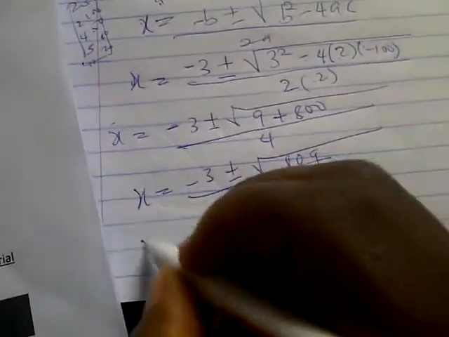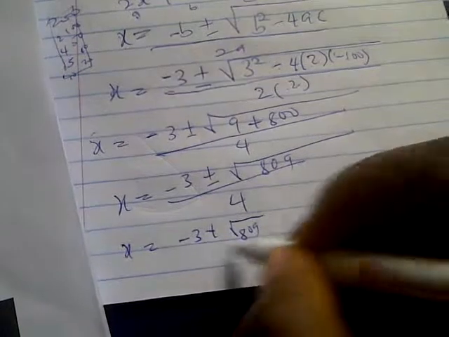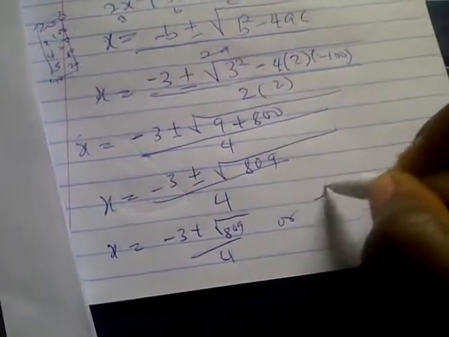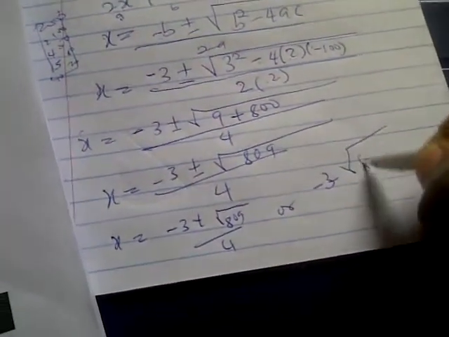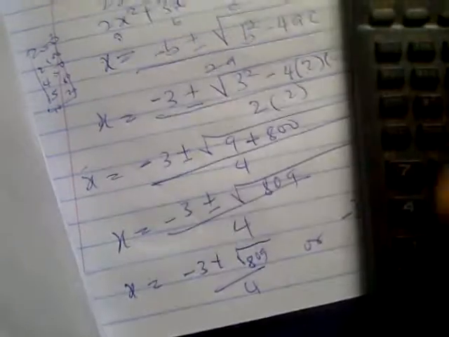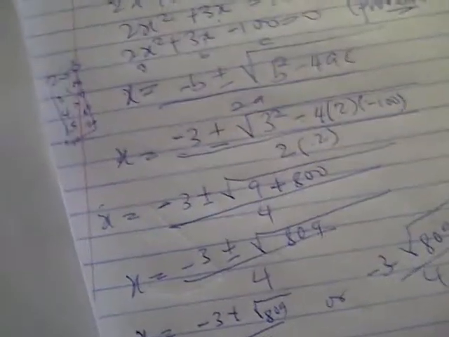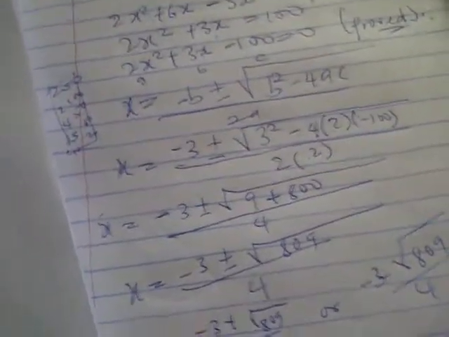So we have x to be either minus 3 plus root of 809 over 4, or minus 3 minus root of 809 over 4. Now let's calculate that. Root of 809, minus 3, divided by 4.